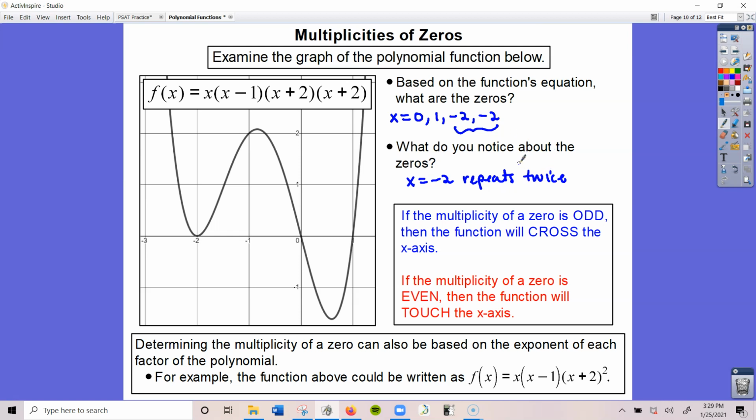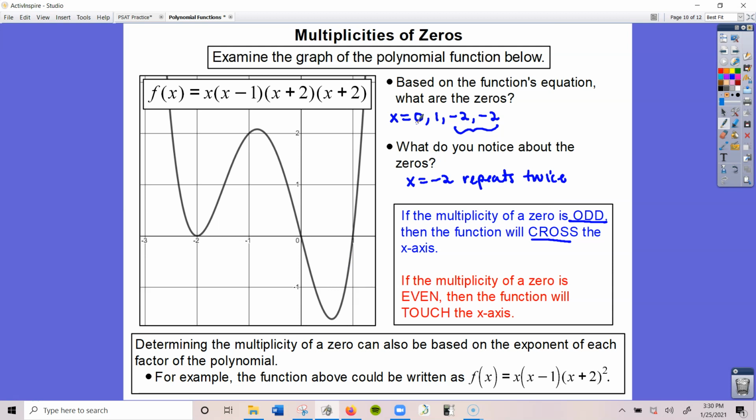Now, this is called multiplicity of zeros, when an x-intercept repeats multiple number of times. If the multiplicity of a 0 is odd, that means it will cross the x-axis. So if you see that an x-intercept when you solve occurs 3 times, 5 times, 7 times, 1 time, those are all odd numbers, so it would cross the x-axis.